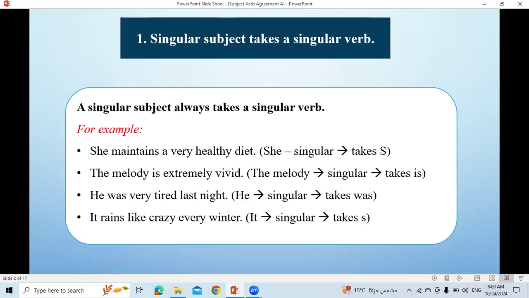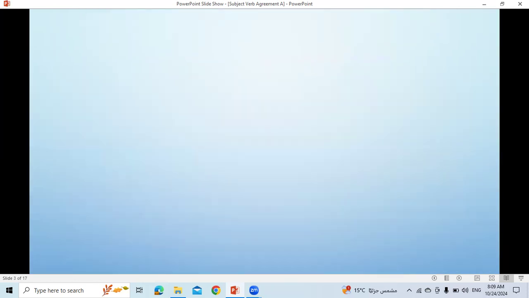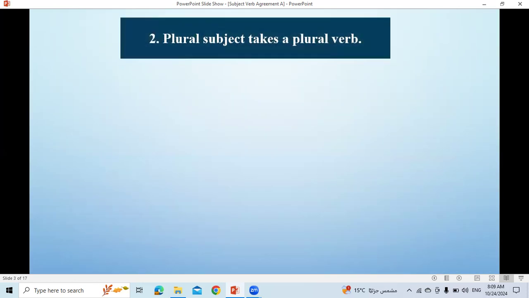So you know that the basic rule is that if the subject is singular, you add s or es to the verb, or it takes is, has, was, right? This is the basic rule. If we have a plural subject, the verb is used as it is without any additions.